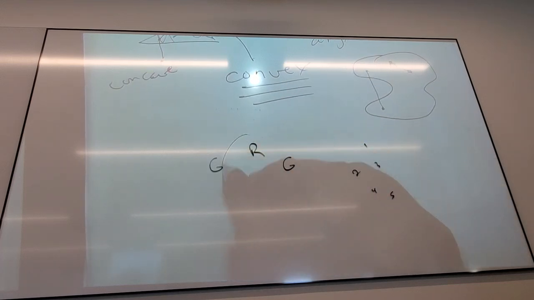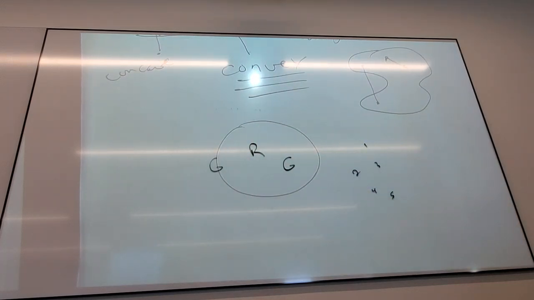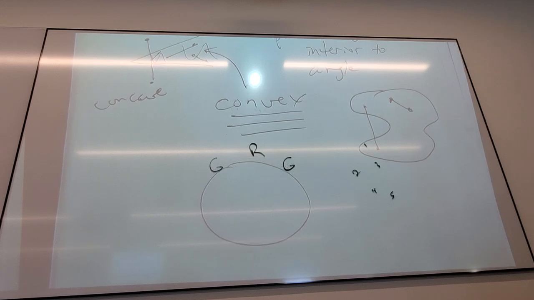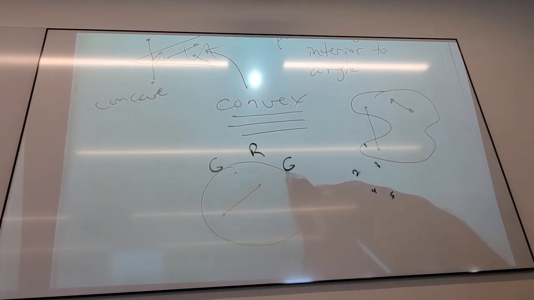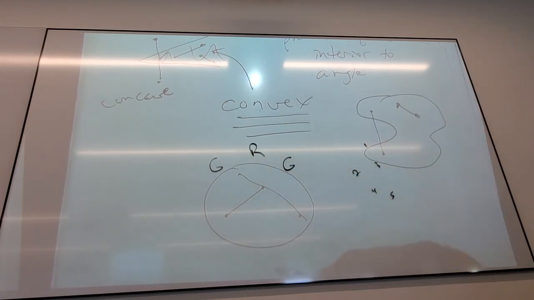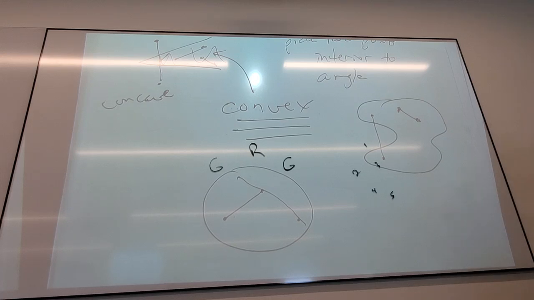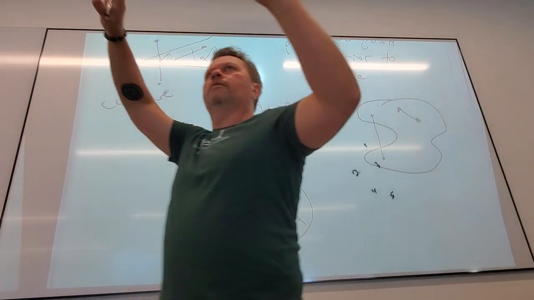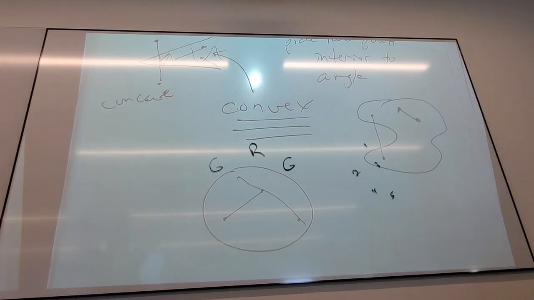Is it concave or convex? Why? There's no 2 points that I can pick where the line segment between them leaves the circle. It will stay in. So that's convex, and this is concave because it caves in. Okay.